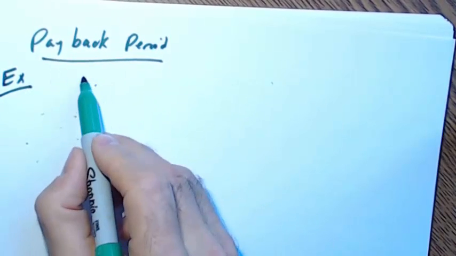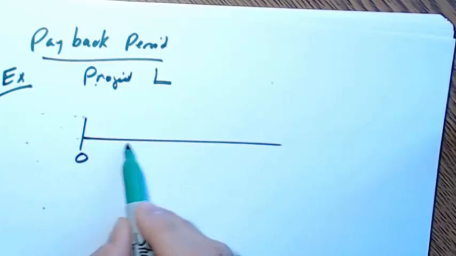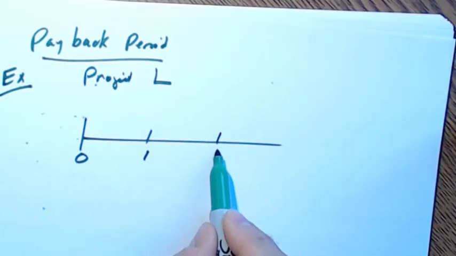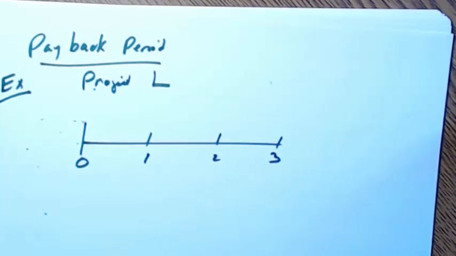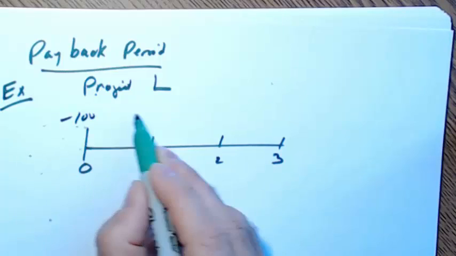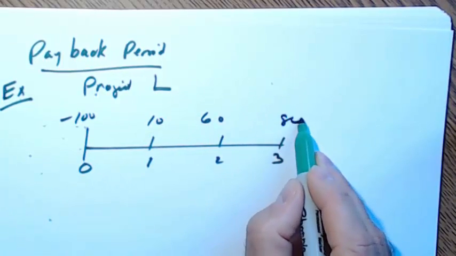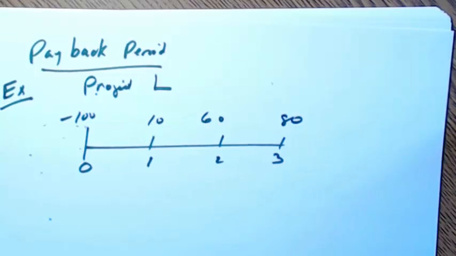Okay, we have project L again. Here's the project with the cash flows that come in later than the sooner project. So here we have cash flows, 3 periods. Remember, we had minus 100, positive 10, positive 60, and positive 80 for the cash flows.